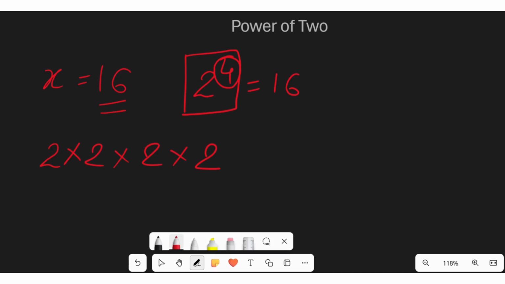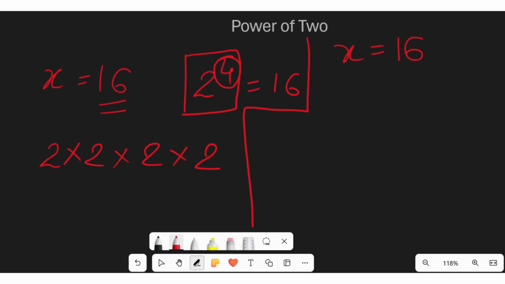Now if all the prime factors of the given number are 2, then it is a power of 2, otherwise it is not. To make this process simpler, we can take the given number x equal to 16 and divide it by 2 a certain number of times, and if we get 1 after dividing it by 2 a certain number of times, then it is a power of 2, otherwise it is not.